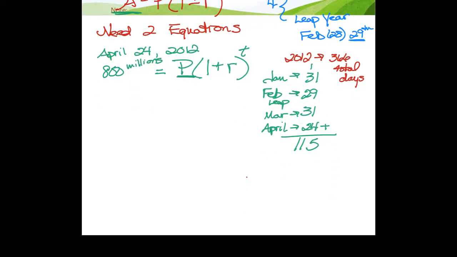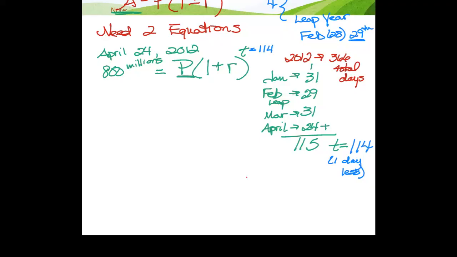So if I'm at day 115 when we add them up, what does my t equal? 114. It's 1 day less, right? So this is t equals 114.